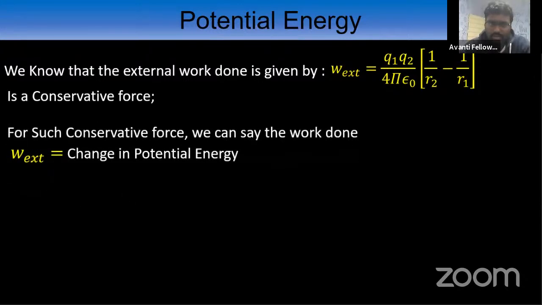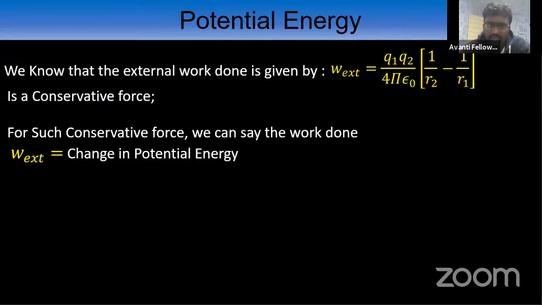For such a conservative force, we can say that the work done is the change in potential energy. The external work done in moving a unit positive charge from infinity to a point is a conservative force.